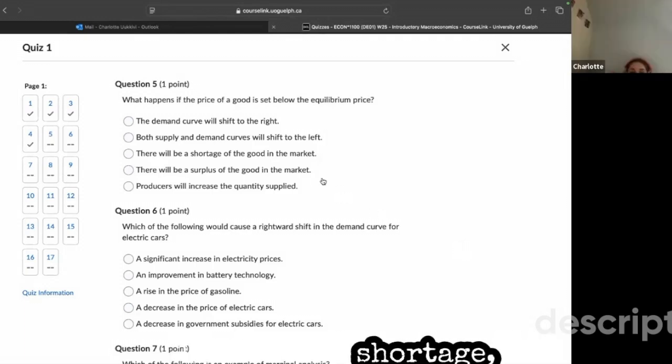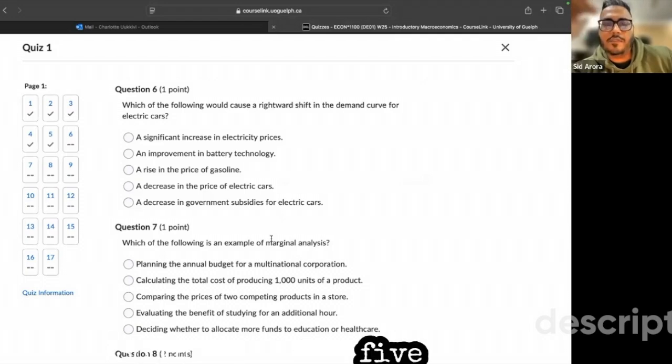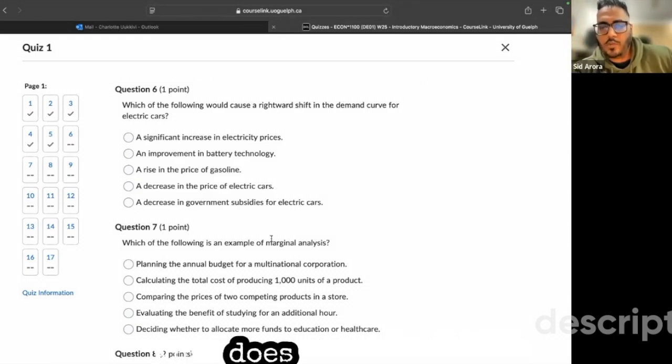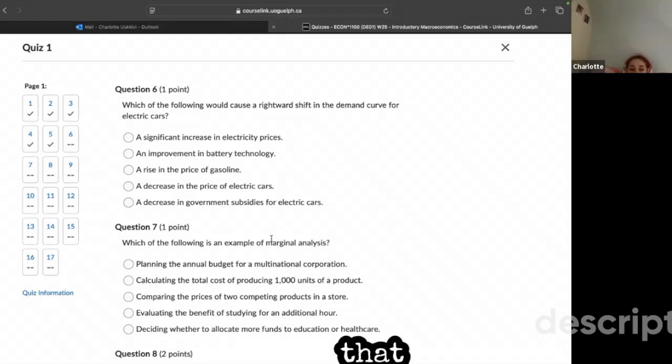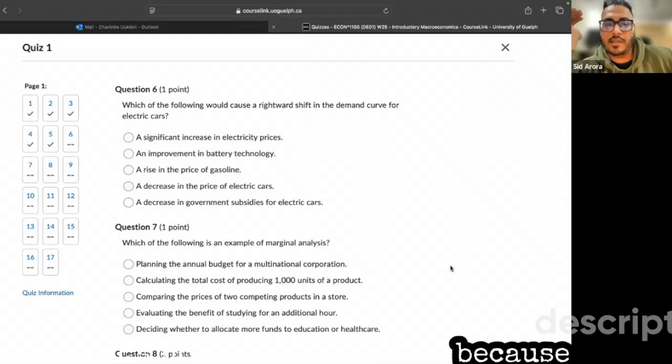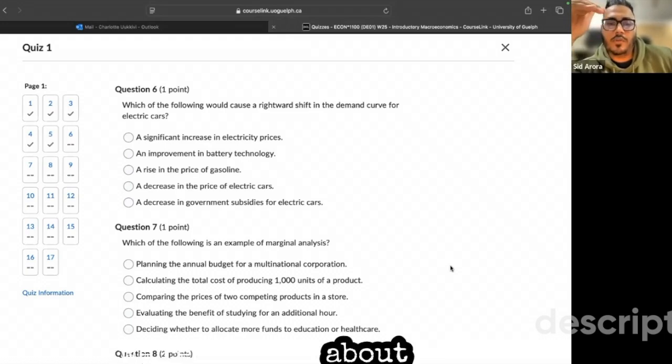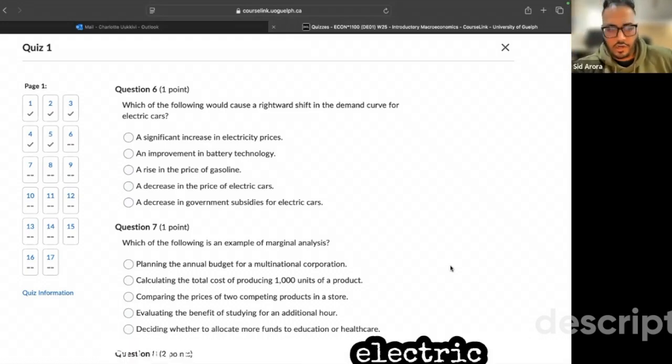There'd be a shortage. So these are the five shifters of demand that we did, right? Let's start with a rightward shift. What does a rightward shift in demand indicate? It means that the demand is increasing. It's not going to be four because we're talking about electric cars. So the market is electric cars.